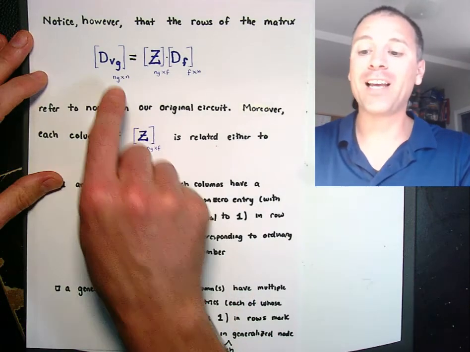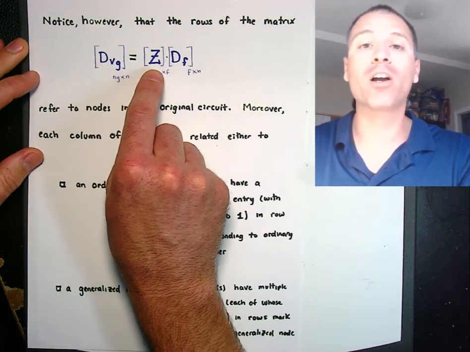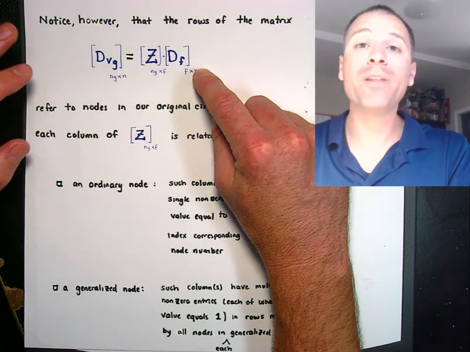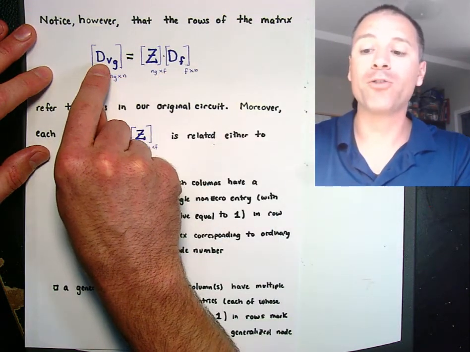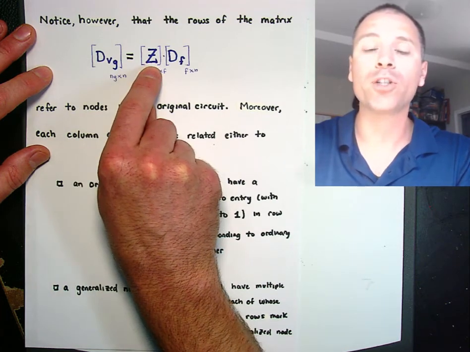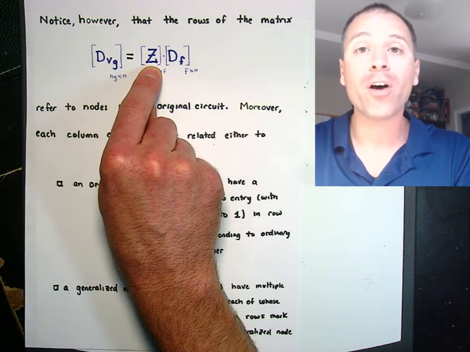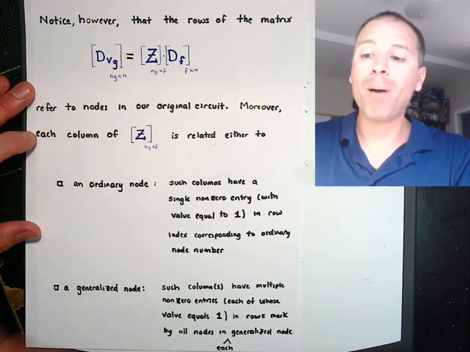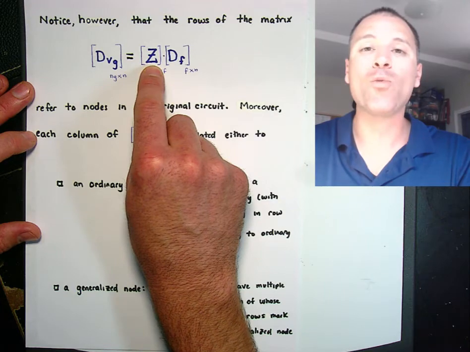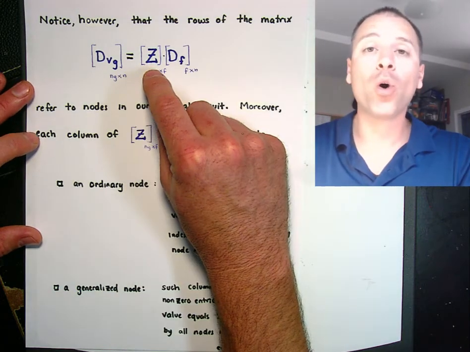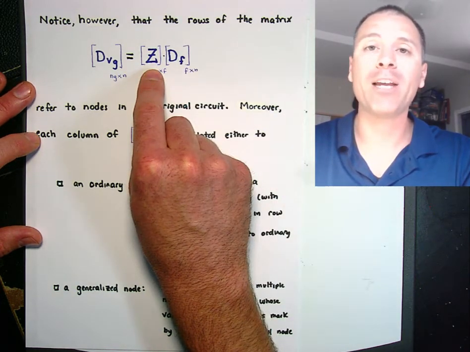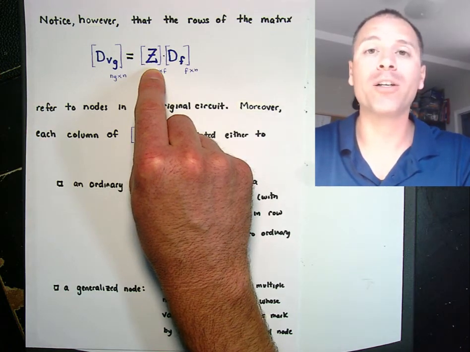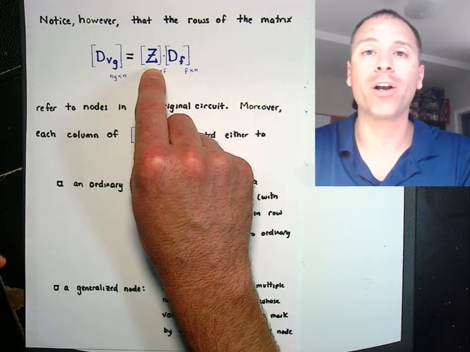But remember that we've said that d sub vg comes from the complete solution deleting the corresponding ground node. Literally, what we do to form the matrix d sub vg is take one of those columns, define one of the nodes in those columns as ground, and then delete it. But remember that the columns of the matrix Z were really, really special. For each ordinary node, we have a single column of that matrix that has one non-zero entry in the row corresponding to the node number for that ordinary node.